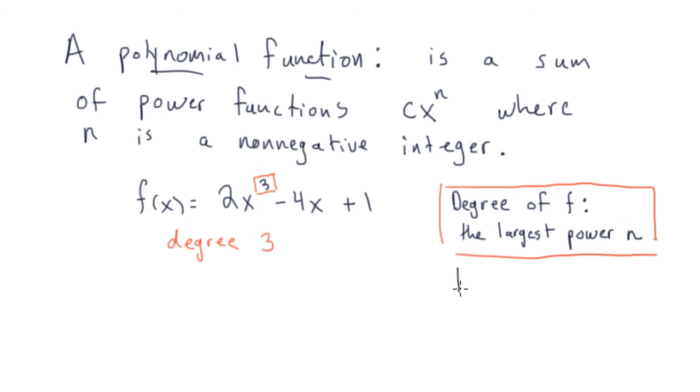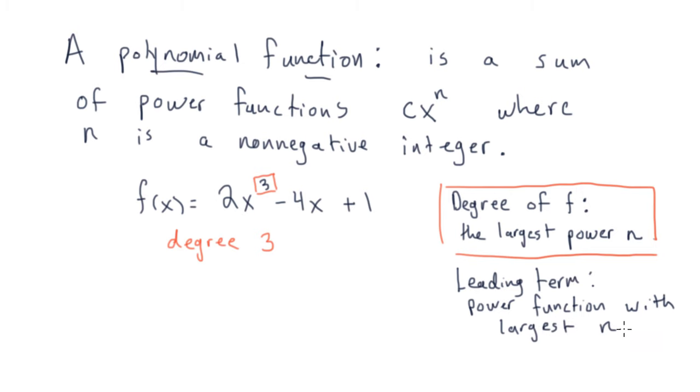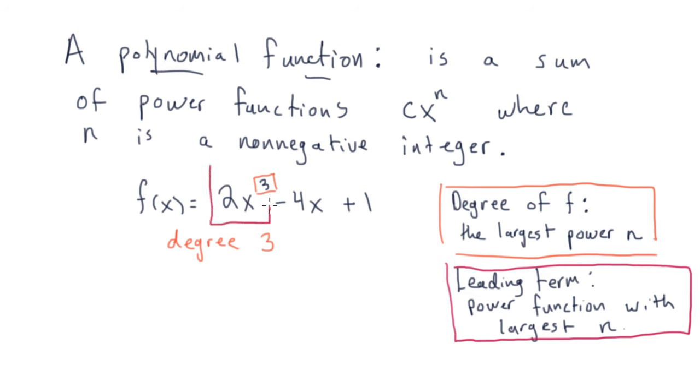And now the leading term is the actual power function with the largest n. Okay, so let's identify that in our example. So the leading term is going to be this entire power function 2x cubed.